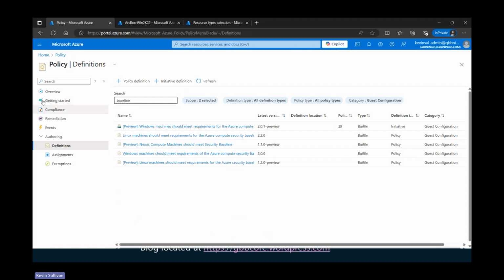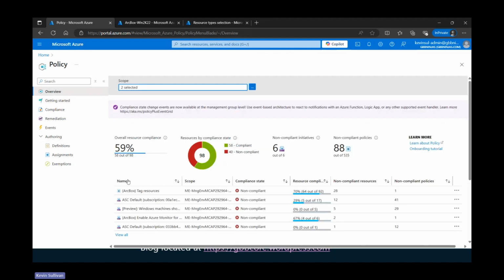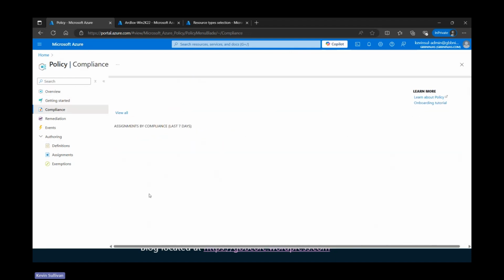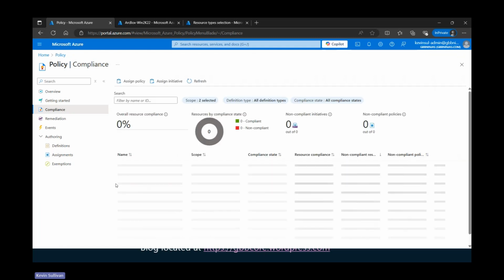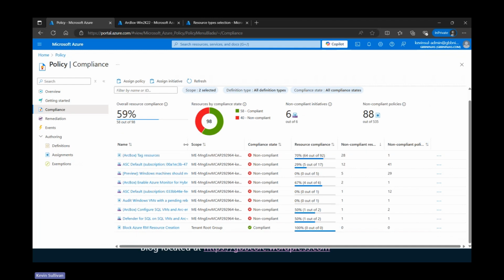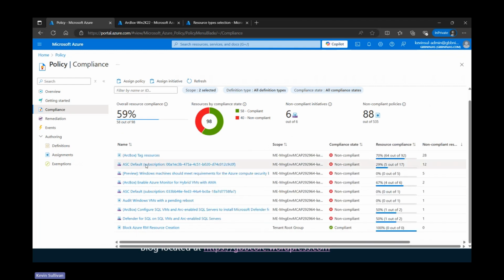And so if I go back to my overview here, I don't have a whole lot going on because my environment's not real. It's just a demo environment, and it does have a few things that I've put in here, but not a whole lot. Without doing any prereqs, I slapped in the computer baseline. This is a pretty large initiative, and man, I'm failing.